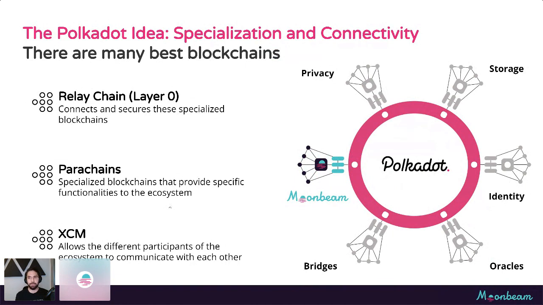If you're already trusting the relay chain to a certain degree, you can also trust it to pass or verify certain messages. XCM is the feature that allows all the participants of this ecosystem to communicate with each other, and it's what we're going to discuss today and do a light dive into.